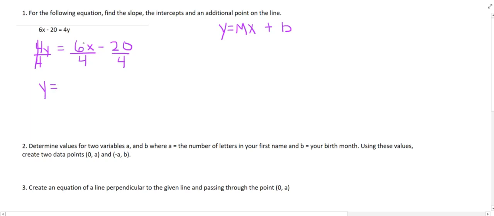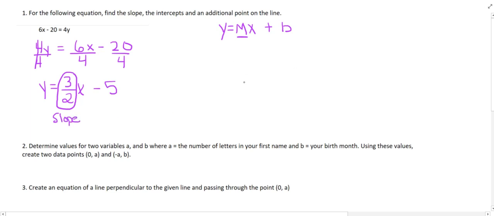I'm going to reduce that. These are both divisible by 2, so 6 divided by 2 gives me 3, and 4 divided by 2 gives me 2, and I'm just going to slide the x right there to the middle. Then 20 divided by 4 is 5, and that is a minus sign there. So now my equation is in the form y equals mx plus b, and m is the slope. So this value right here in front of the x is going to be the slope of my line.